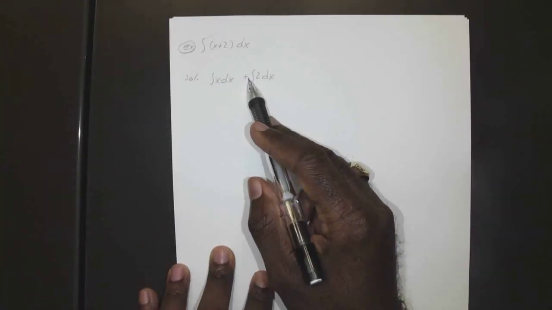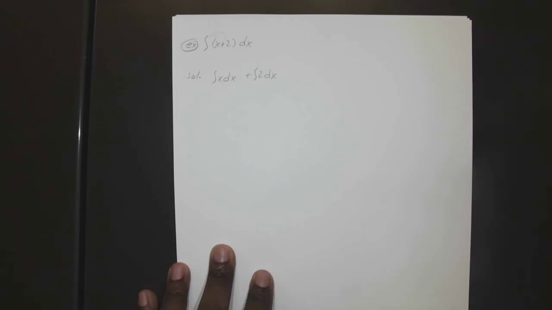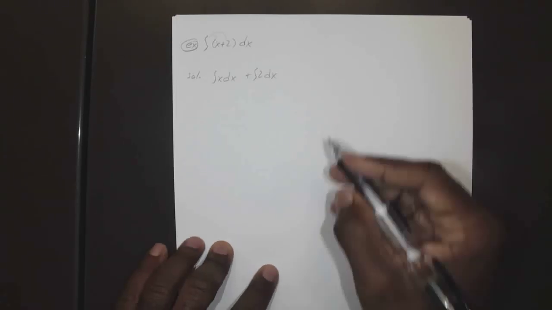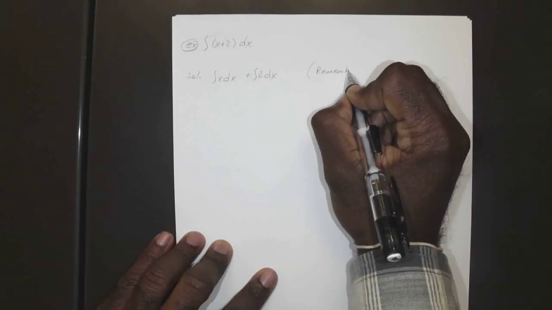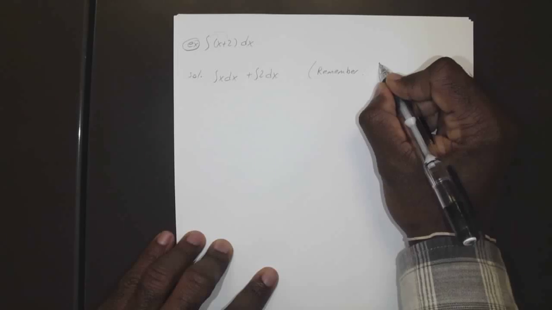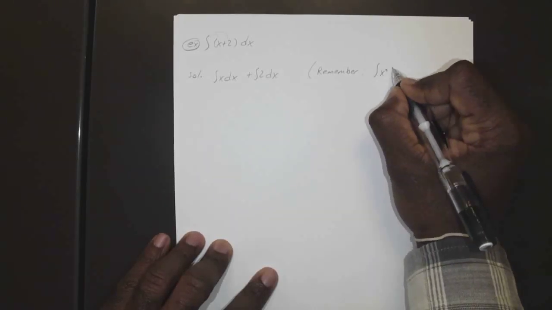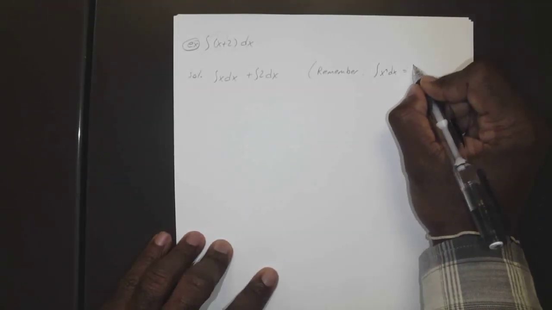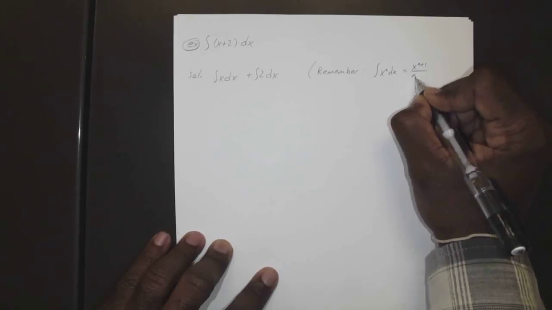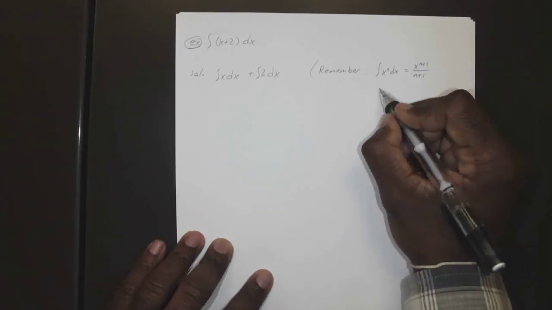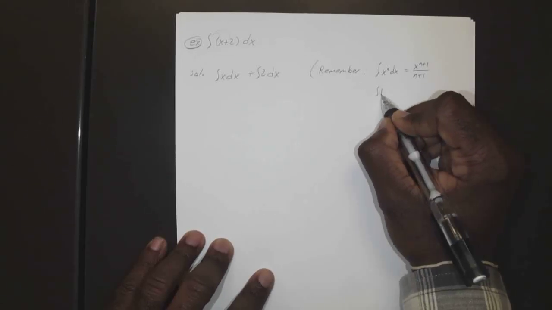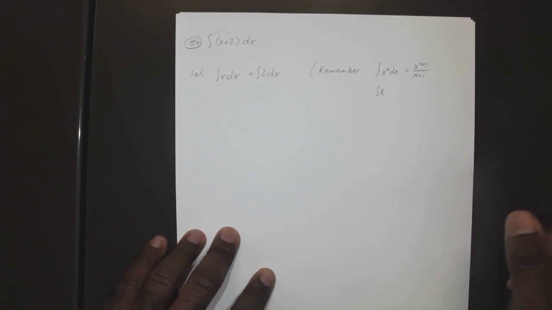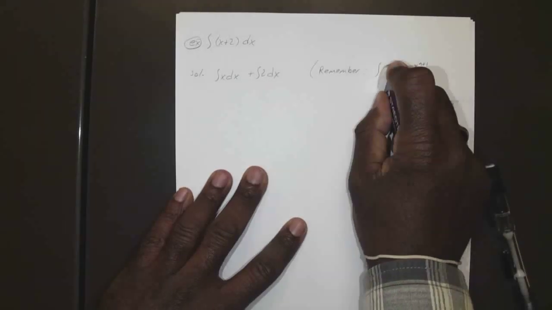But really the 2, you can just bring out to the front. So here, you have the integral of x to the n dx is x to the n plus 1 over n plus 1. And you have the integral of any constant. Actually, you can use the same one for both, and I'll show you why.